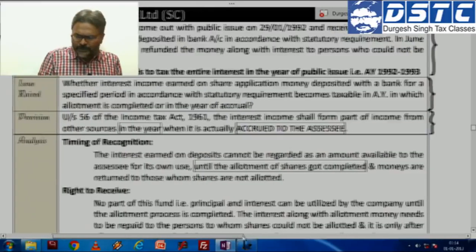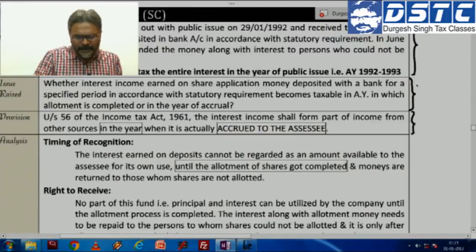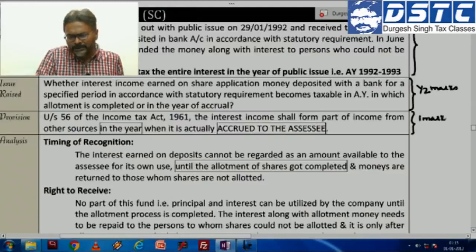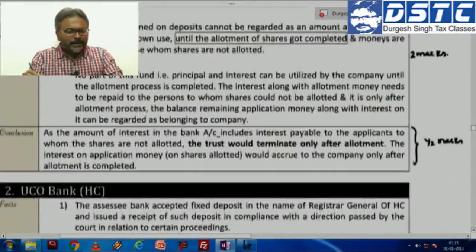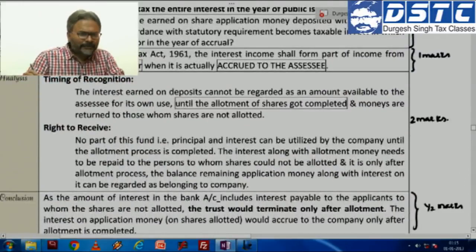In the format, students, they have allotted half mark for the issues which have been raised, 1 mark for the provisions which are there, 2 marks for the analysis, and finally half mark for the conclusion. So this is the marks allocation that they have made. On that note only we have made the bifurcation.